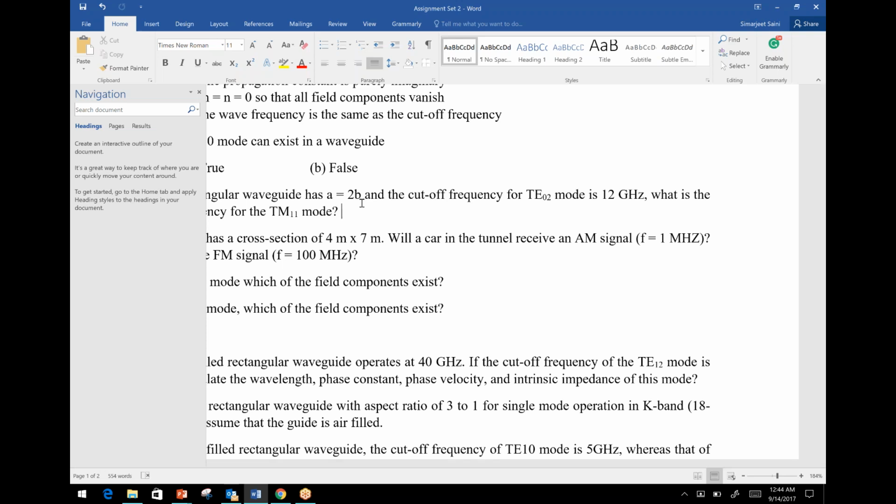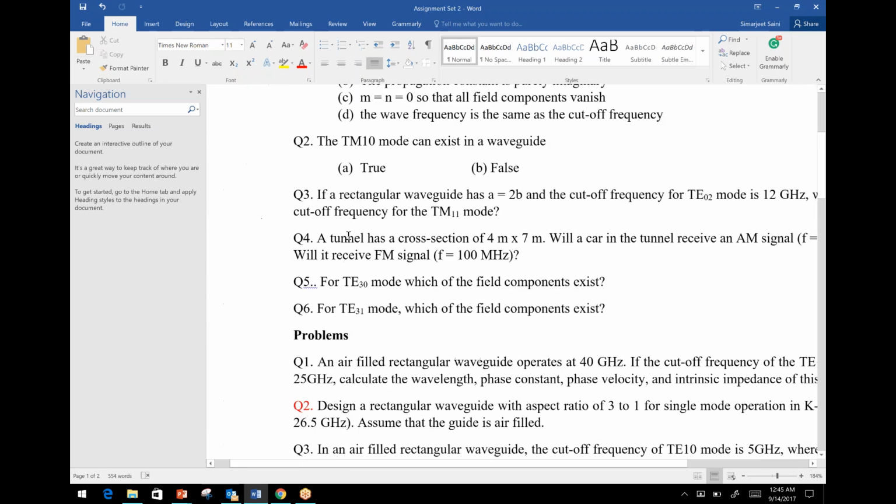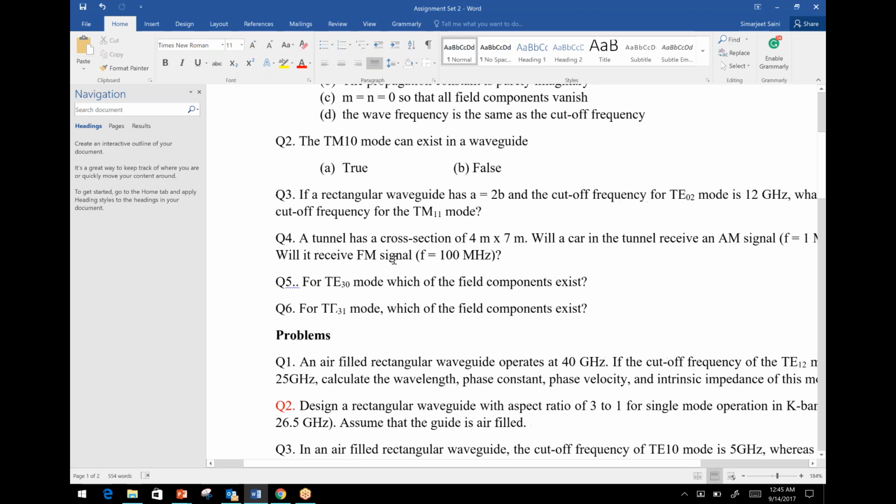Not the sum, sorry. Then you have to do pi by a squared plus pi by b squared, so it won't be the sum. It will be the square root of 3 squared plus 6 squared. But again, I expect a student to be able to do that.